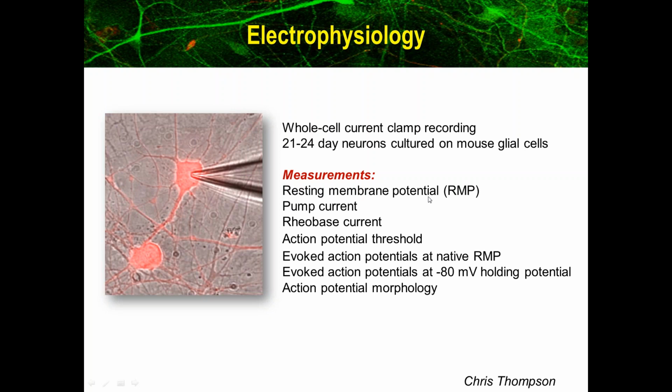I did talk about resting membrane potential early, and so we want to measure that as an index for how well the pump works. Initially, we didn't think we could measure the pump current directly, but Chris had a major breakthrough in February and was able to do that. And we, in fact, held up our manuscript while he spent 2 months generating these data, which are really, really beautiful, and I'll show them to you.